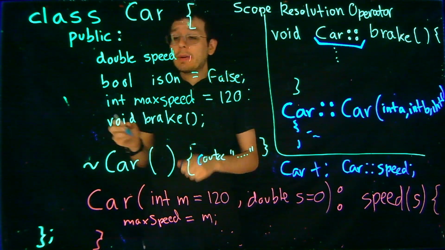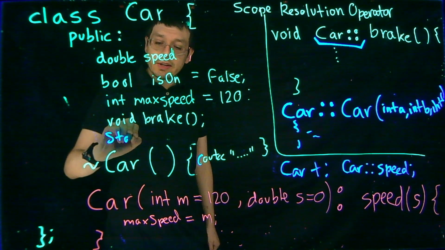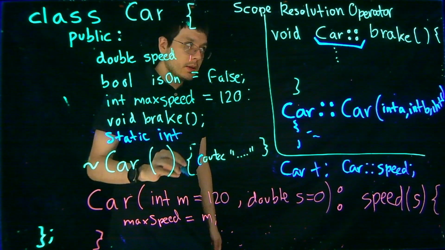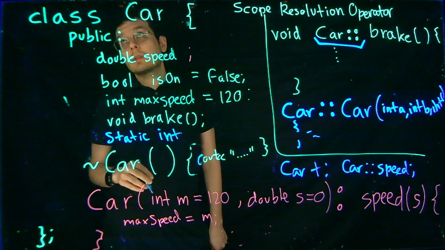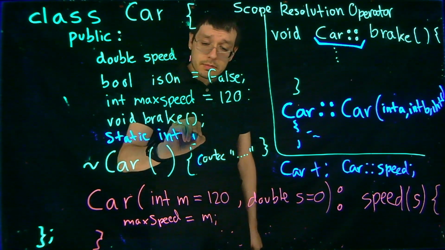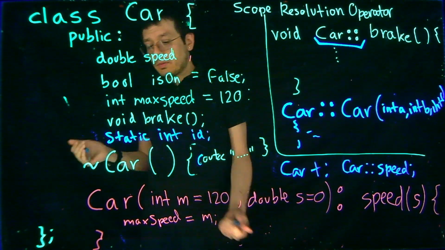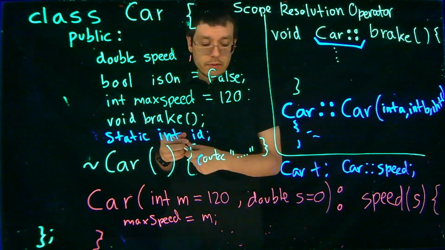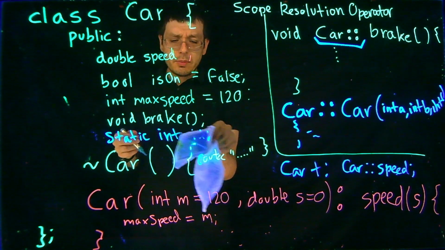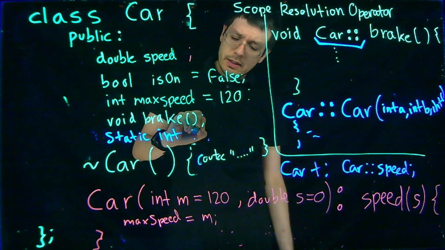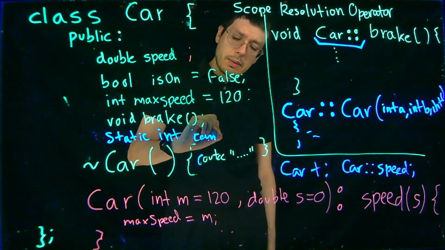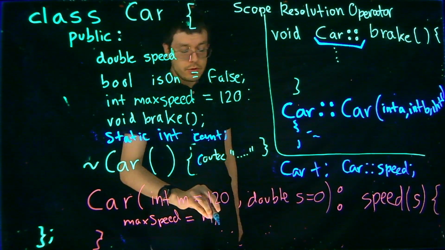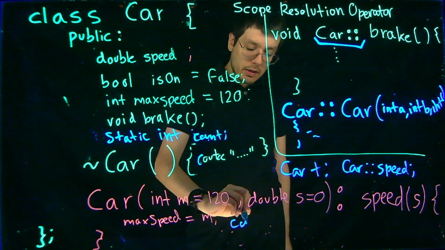When you have a static variable, so very quickly, if I make a static int called, what would be a good thing for static for this? ID. So each car you make has an ID. You want a counter that increases every time so that you can extract it from that. So maybe instead of ID it would be a count of how many cars have been created, and you keep upping that in the constructor. So in the constructor, you say count plus plus.